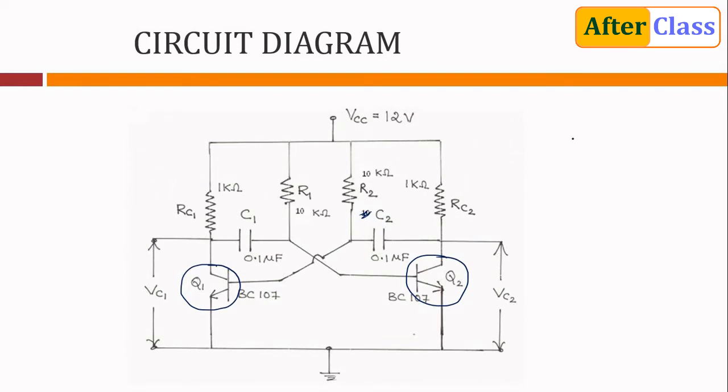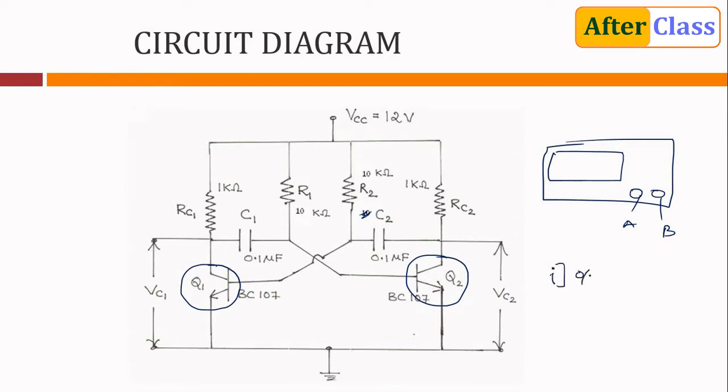So now a CRO, this is a display. It has two channels, channel A and channel B. Now there are two cases where you have to observe two waveforms. First case, channel A output at VC2, and channel B output at VC1. So you take channel A and channel B and connect across VC1 and VC2. You are going to observe signals which are opposite in polarity.